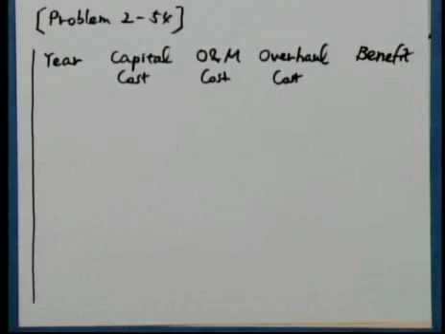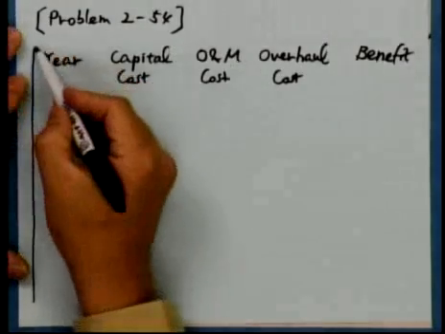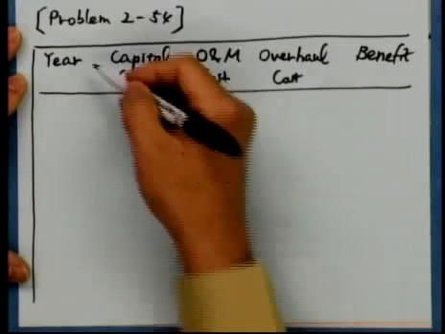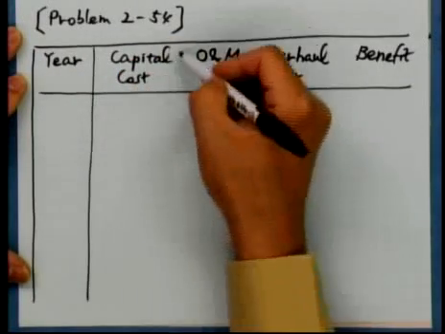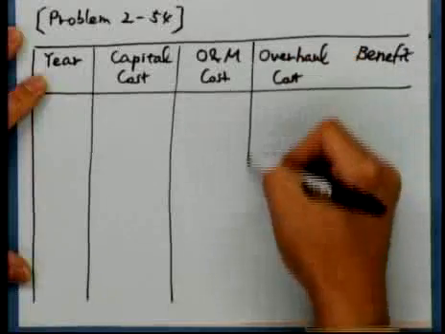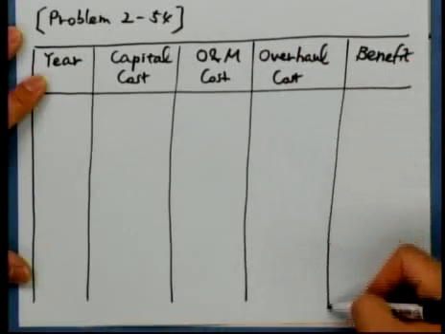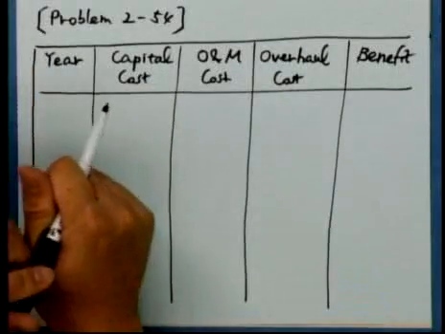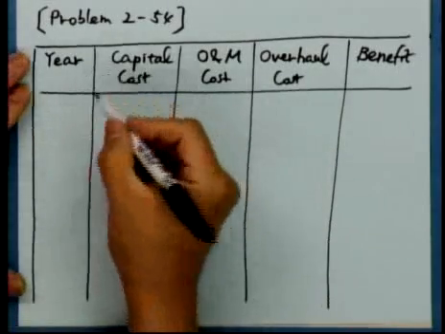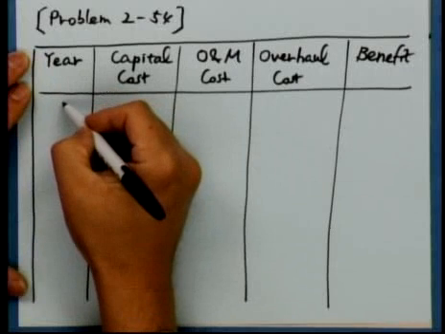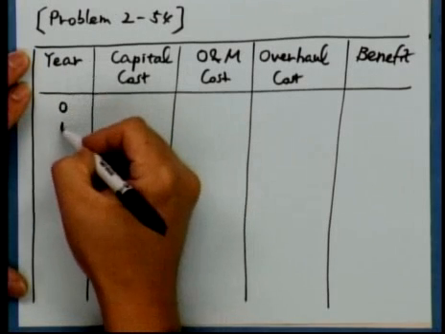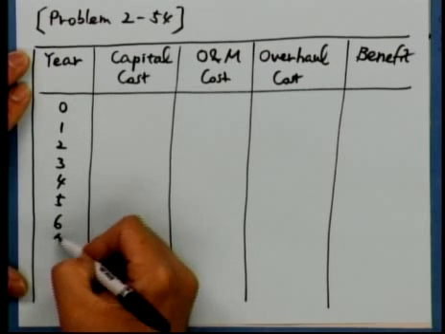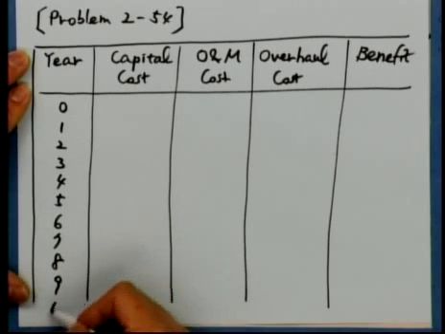And the last column is, let's put it as benefit. Okay. And how many years do we need to consider? From 0 to 10, right? So we're going to put 0, 1, 2, 3, 4, 5, 6, 7, 8, 9, 10.